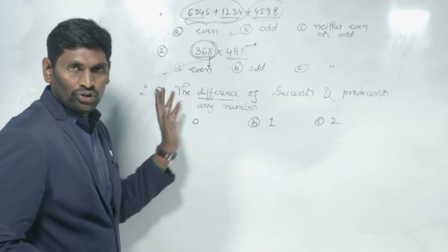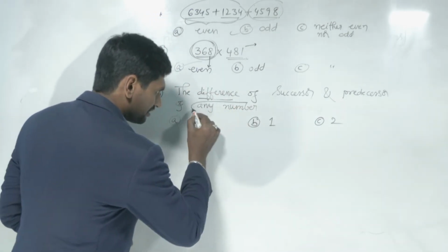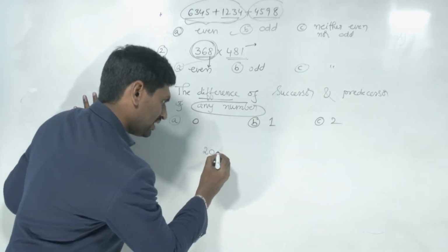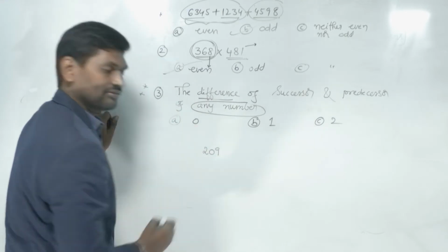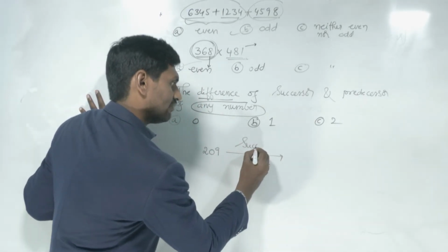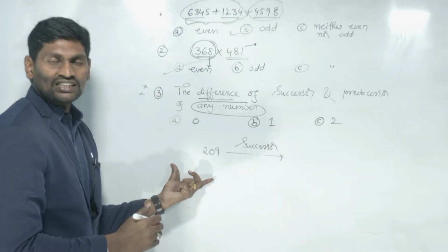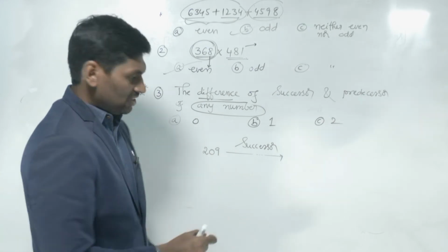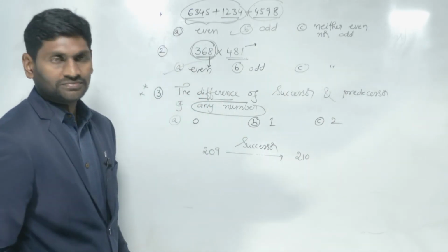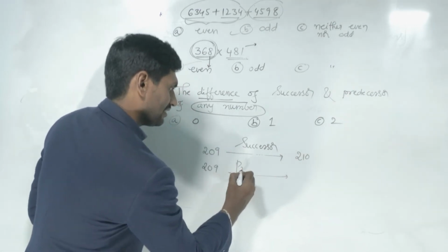Okay, if you don't understand this concept, let us take any number. I said any number. Now I am taking 209. Let us find the successor. Successor means the immediately next number, right? After 209 comes 210. Same number, predecessor.